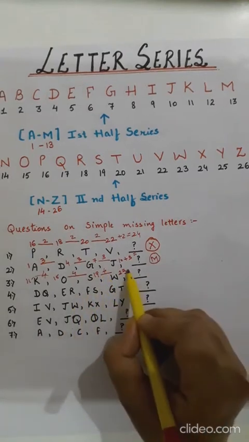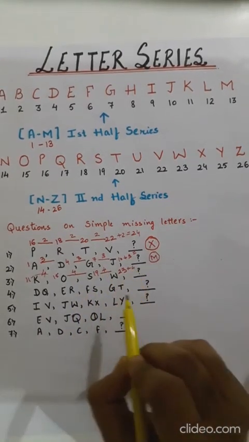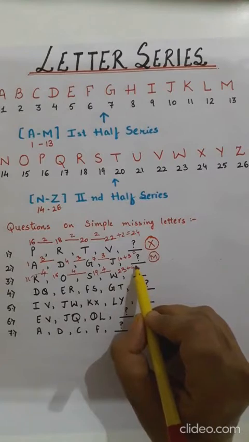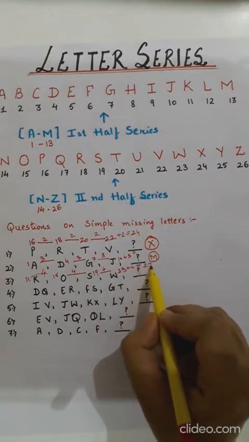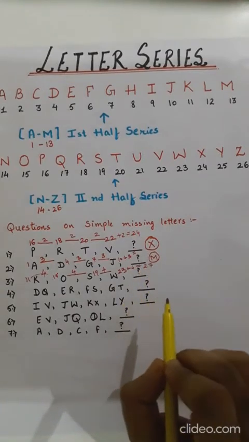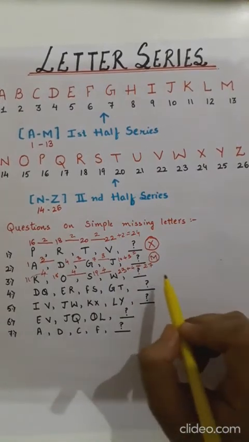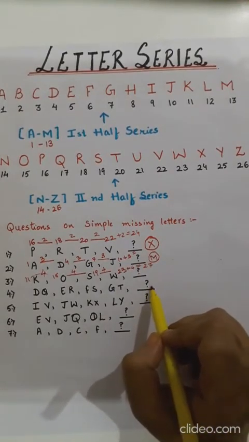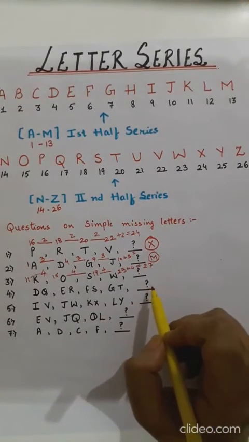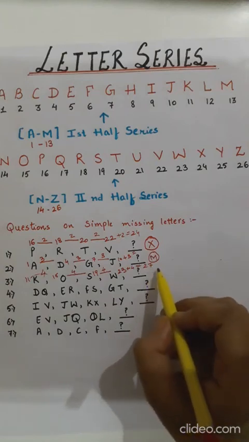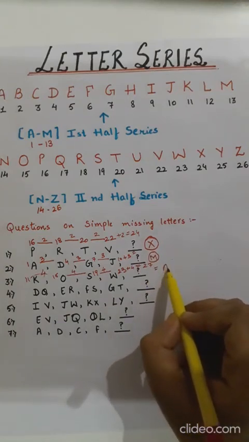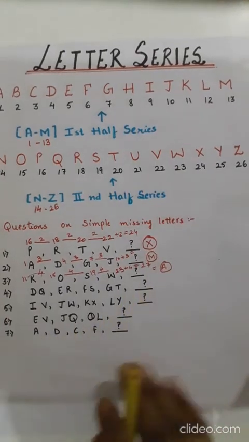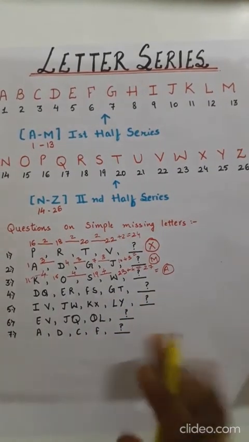Now you have to add 4 to 23 to get the next alphabet. 23 plus 4 is 27, and as there are only 26 alphabets and 26 is Z, 26 plus 1 is 27. After Z comes A, so A is considered 27. Our answer is A.